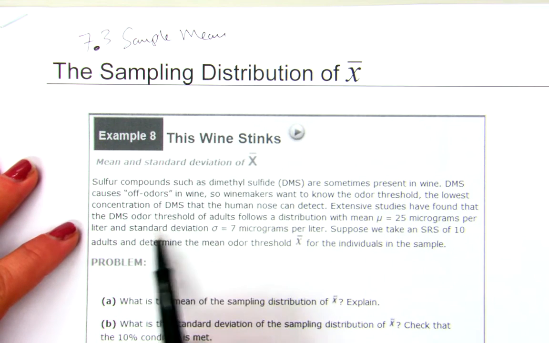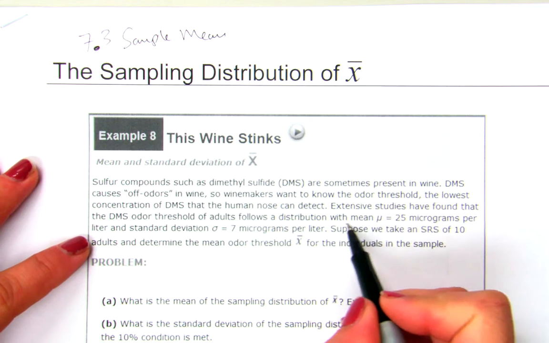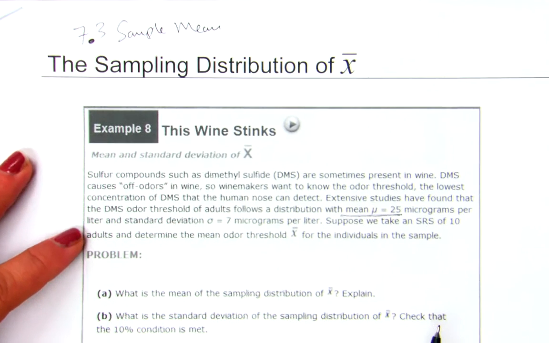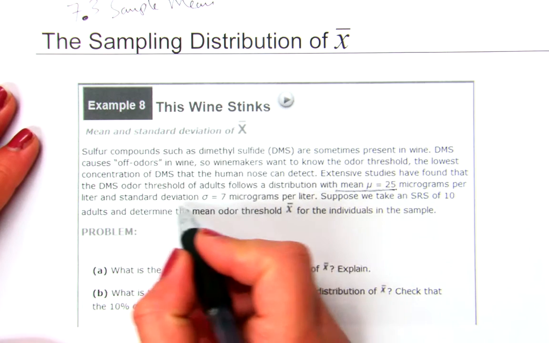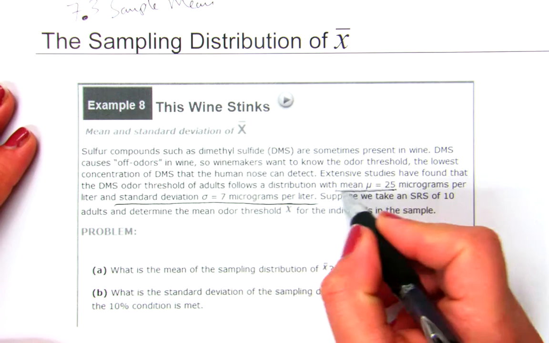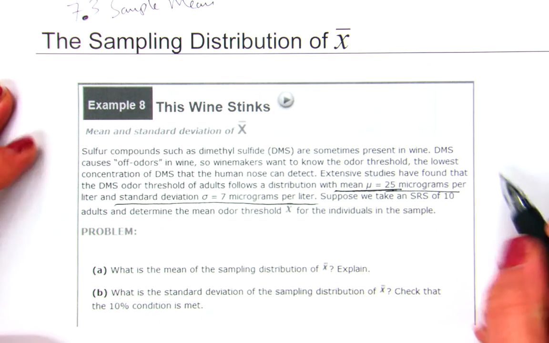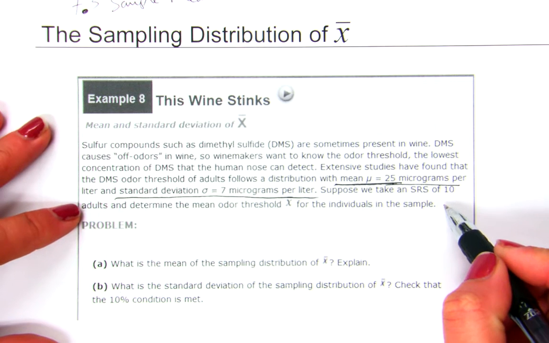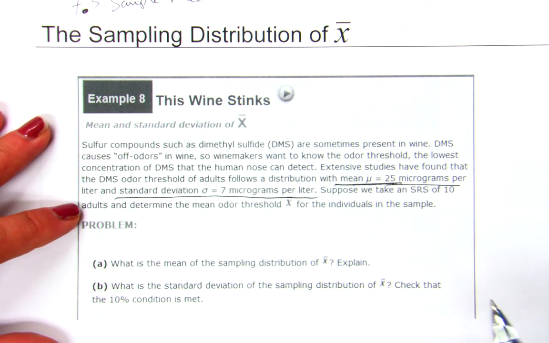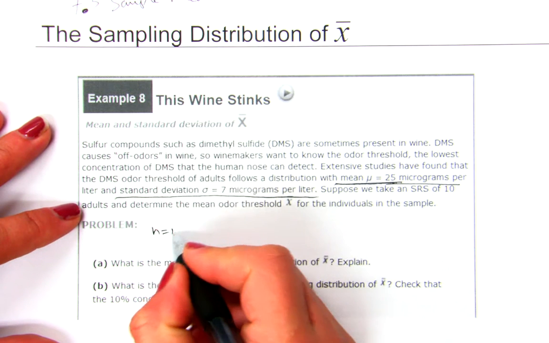Extensive studies have found that DMS odor thresholds of adults follow a normal distribution with a mean of 25 micrograms per liter and a standard deviation of 7 micrograms per liter. Suppose we take a simple random sample of 10 adults and determine the mean odor threshold X bar for the individuals in the sample. So that means our n is going to be equal to 10.